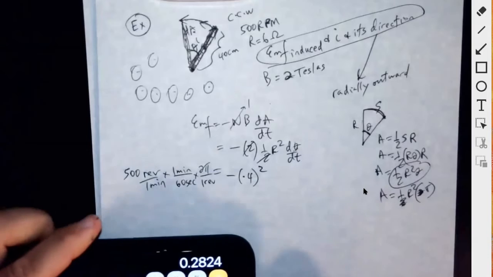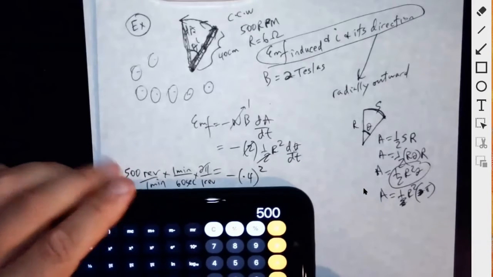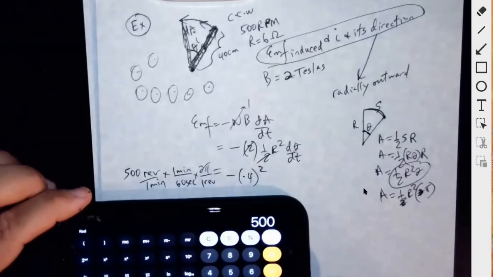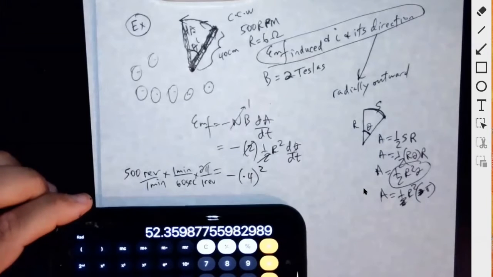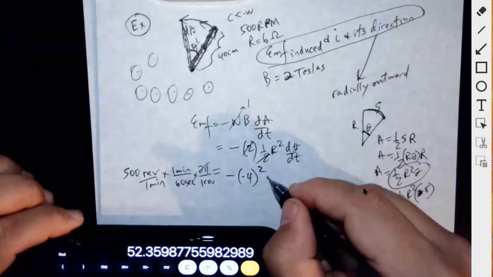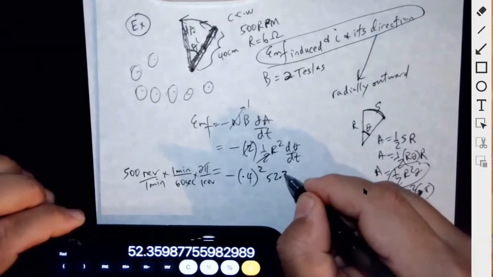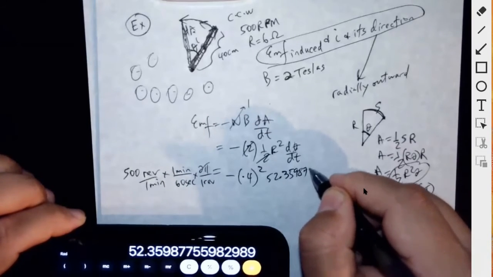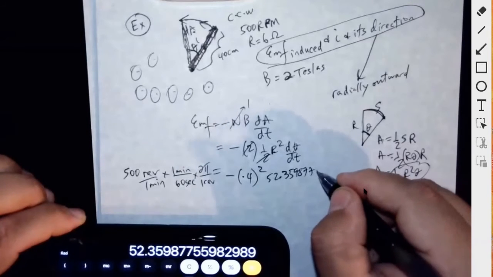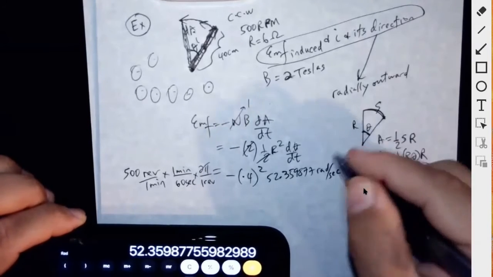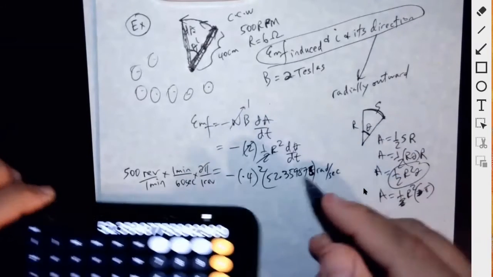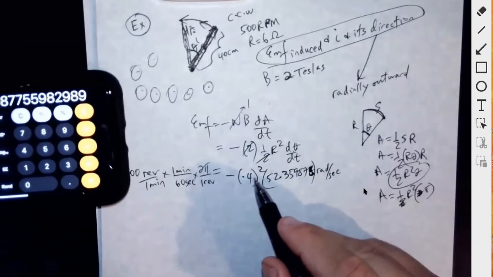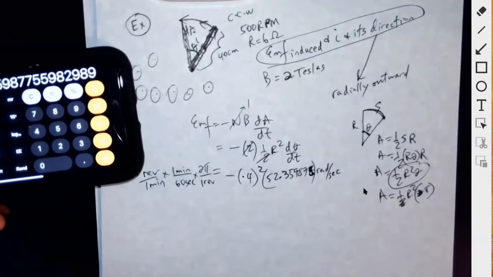So I have here 500 divided by 60 times 2 times pi. So d theta/dt is 52.359877 radians per second. And now this times this should give you the voltage in volts.